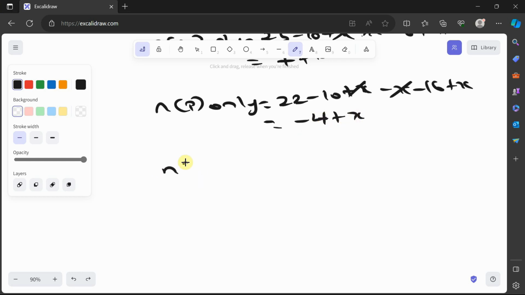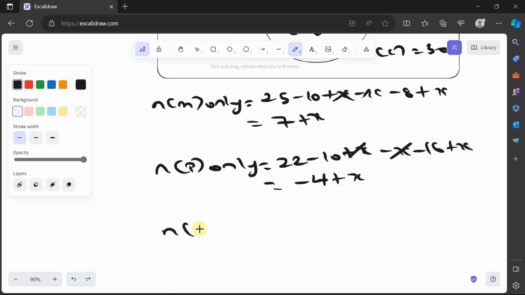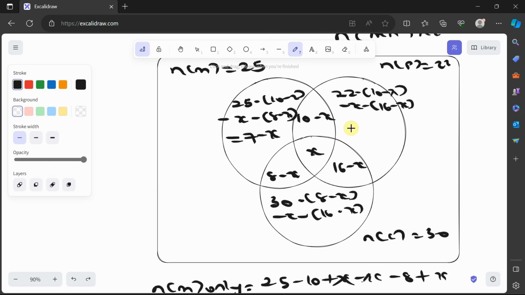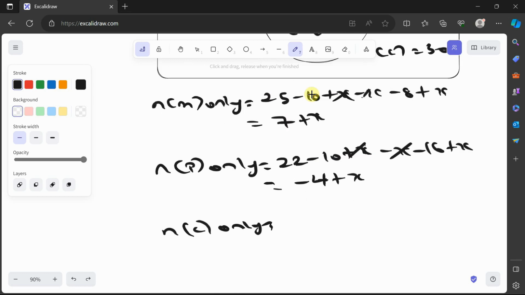So the last subject is chemistry. So n of c only. But before I do that, let me replace this guy and say this is going to give me minus 4 plus x. So n of c only would be 30 minus 8 plus x here, because we open up the bracket.